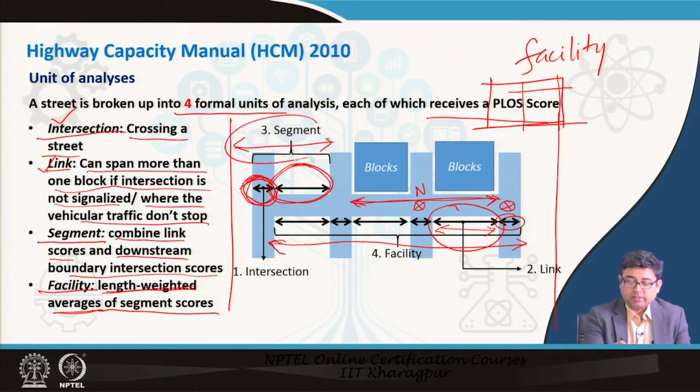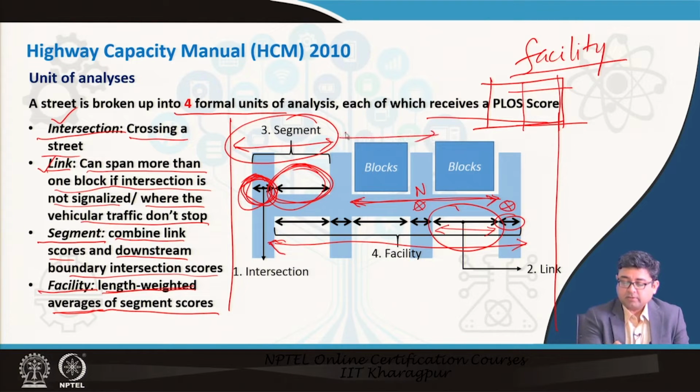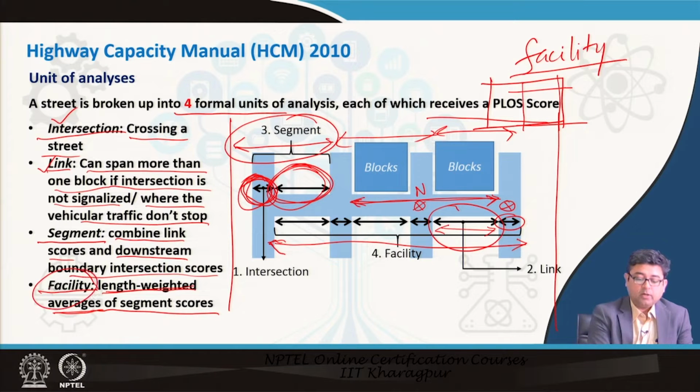Now, we know the segment scores consist of the scores of an intersection as well as a link. The facility will have the length weighted averages of each of these segments. That is essentially how a PLOS score for a facility is developed.